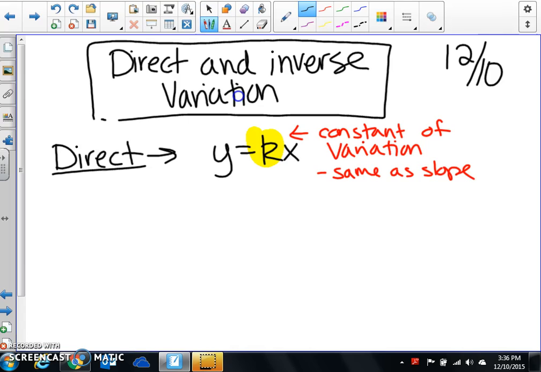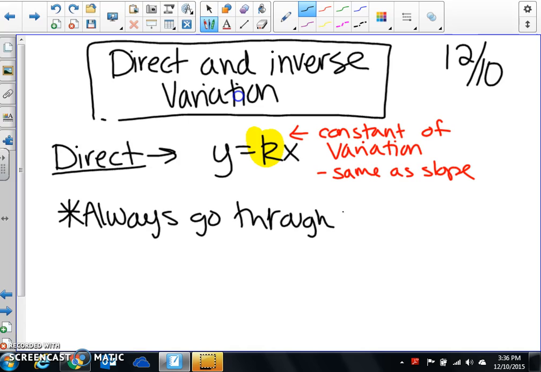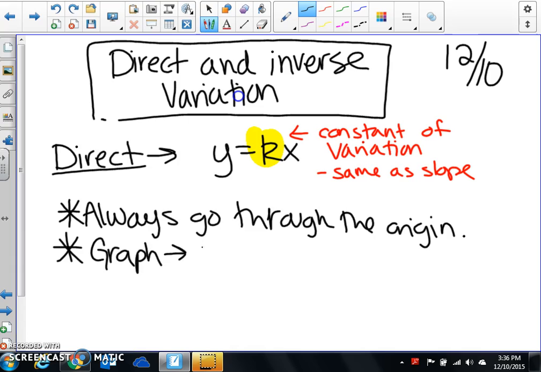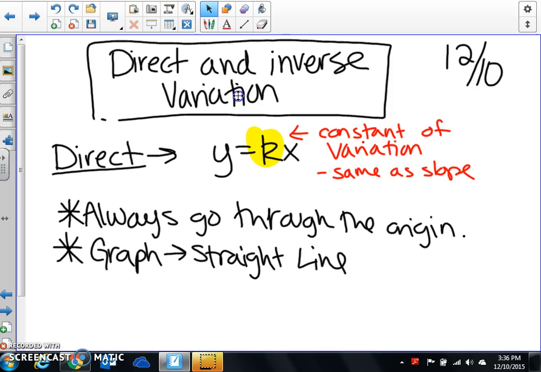It's always going to go through the origin. And it's always going to be a straight line, so the graph is a straight line. All right, so that's stuff that we talked about today.